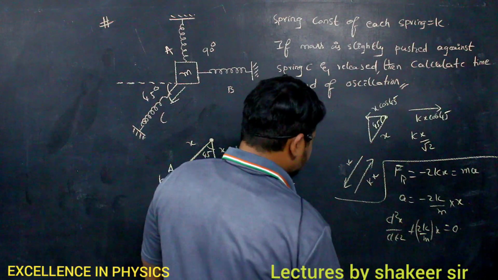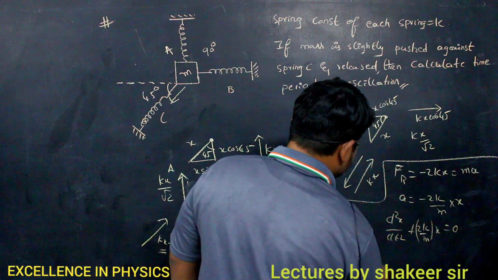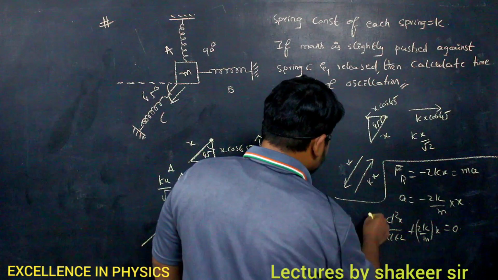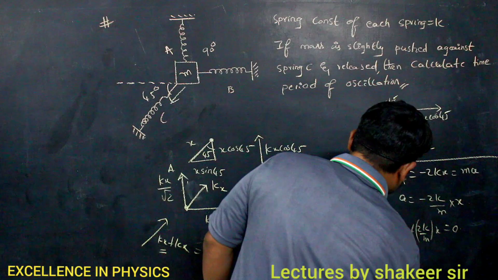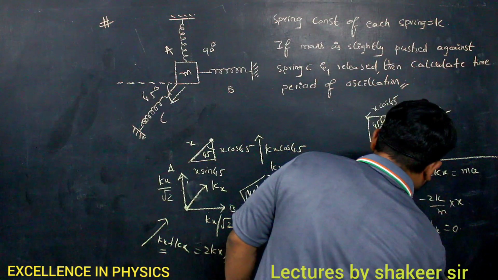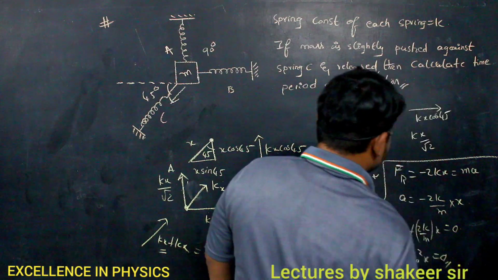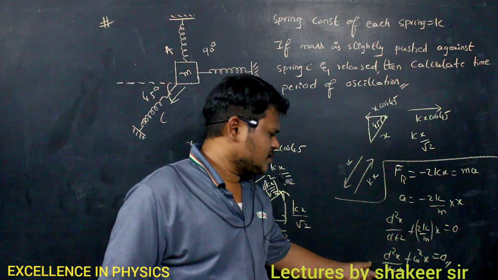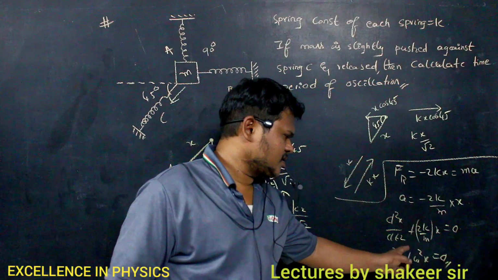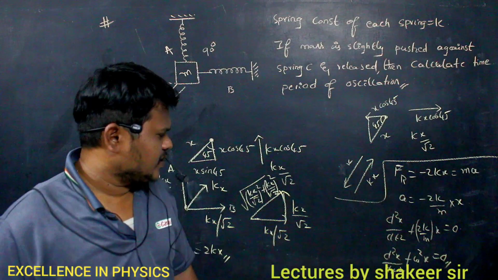So comparing this equation with the standard, basic equation of SHM. What is the basic equation of SHM? d square x by dt square plus omega square into x is equal to 0. So this is the basic equation of SHM. When you compare with this relation, I will get omega equals square root of 2k divided by m.